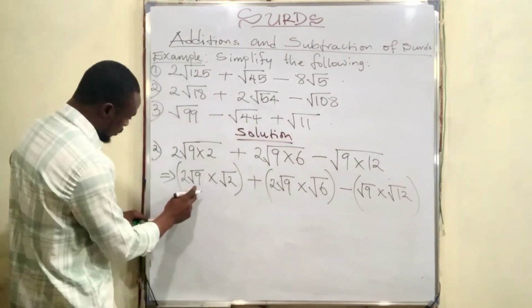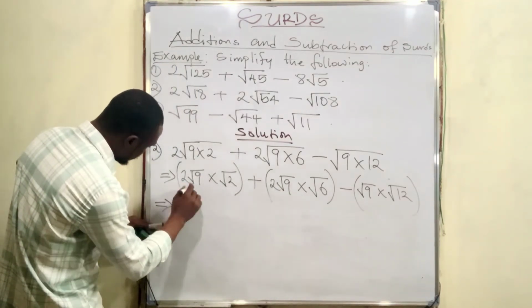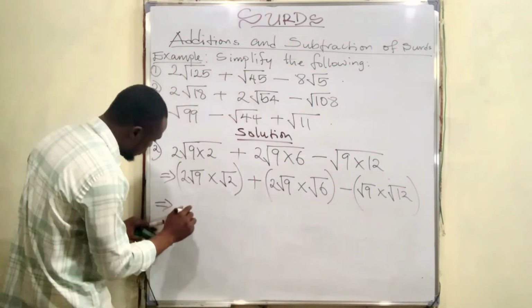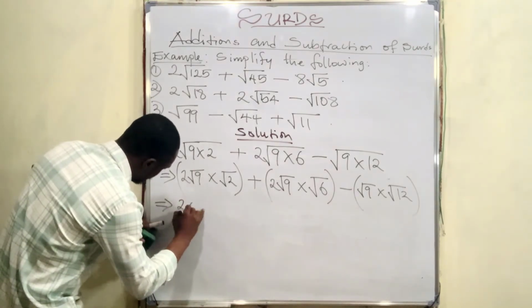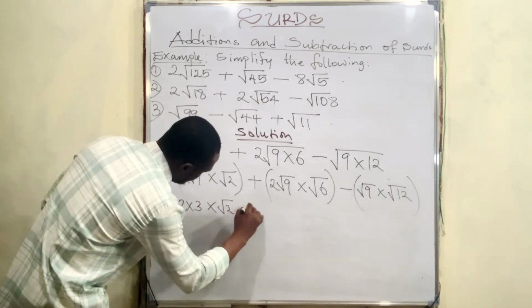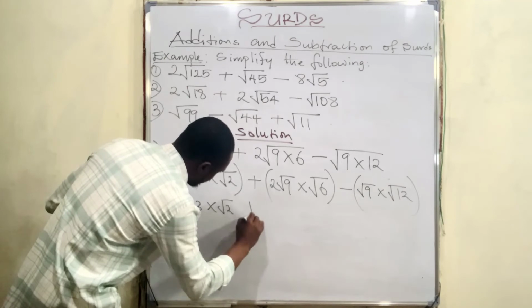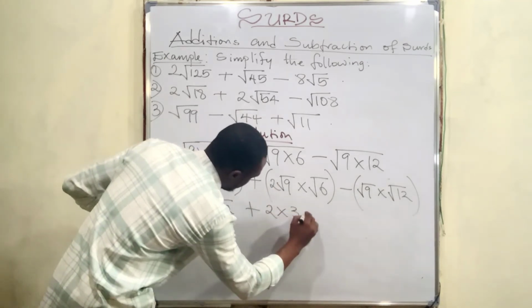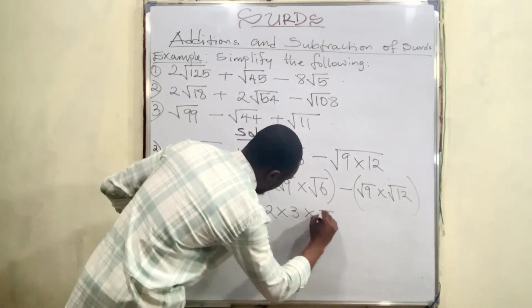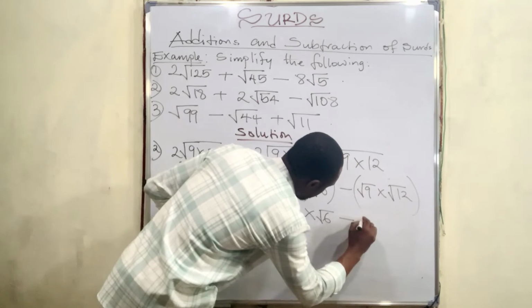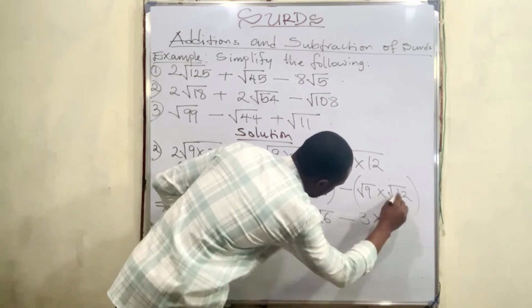So let's continue. This is what, the root of 9 is what? 3. So we have 2 times 3 times the root of what? 2, plus the root of 9 here again is 3, so we have 2 times what? 3 times what? The root of 6, minus the root of 9 here again is 3, so we have 3 here times what?